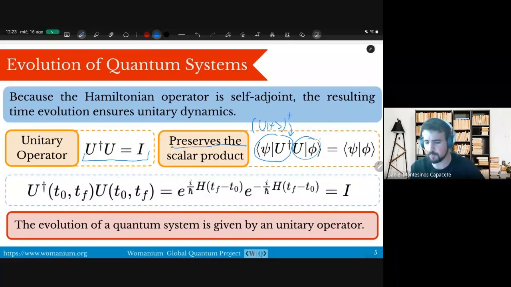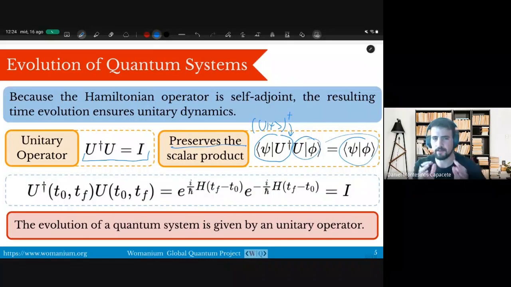At the end, the scalar product between these two vectors is going to be the same as the original. That's a very important property, because it wouldn't make much sense if you have orthogonal vectors at the beginning of your time evolution, and you apply the evolution, and after a certain time these vectors are not orthogonal anymore. So preserving the scalar product is an important property, and it comes from the unitary evolution of the quantum system.